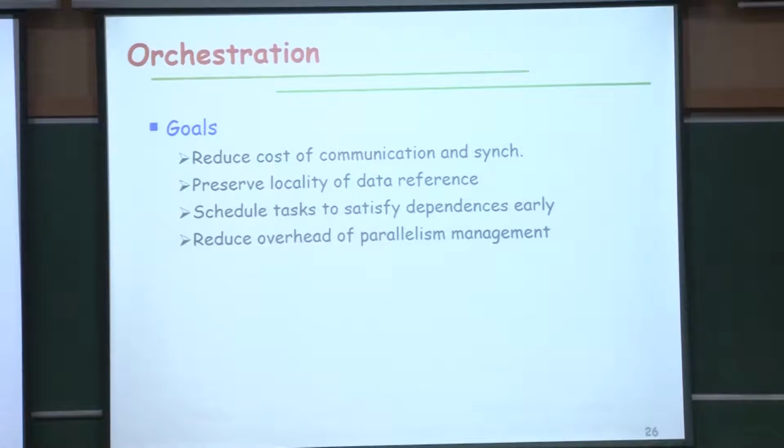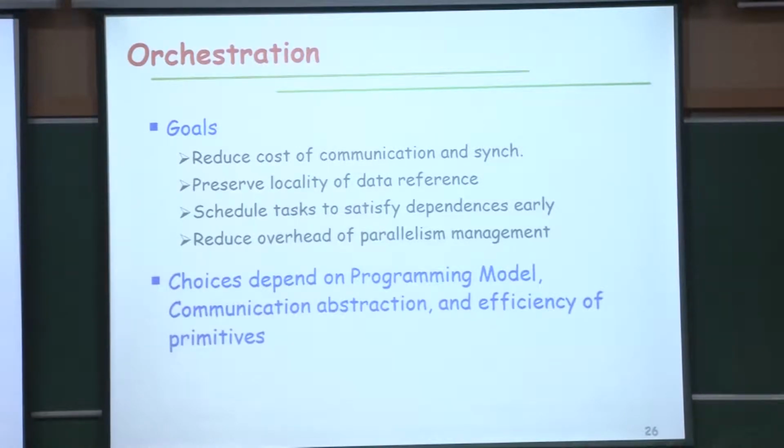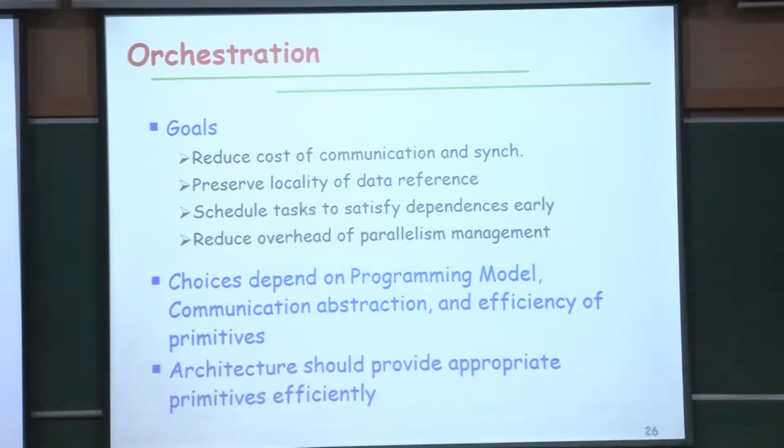So, I want to put all of those things into place. That is really what I try to do in orchestration, and when I do the orchestration, I also make sure that the overheads are overall reduced. Again, this choice depends on the programming model, the communication abstraction that you use, and the efficiency. We will not really bother about these things, but we will see an example of how to do them.